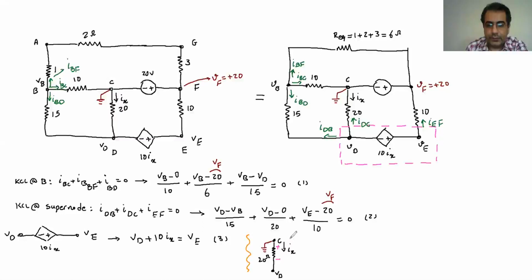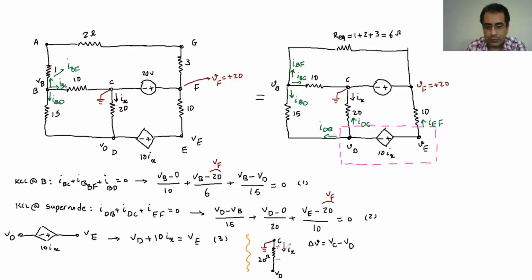So we know that the I goes from C toward D, and the delta V at the resistance is the difference between the voltage at two ends. And because the I goes from C toward D, the voltage at C should be larger than the voltage at D. So the delta V is the VC minus VD.